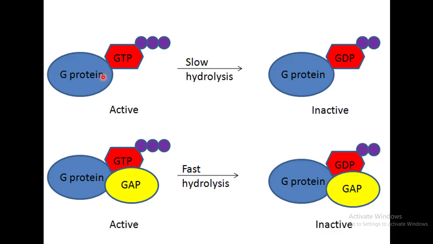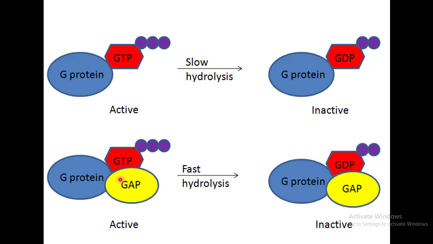So what you see over here is that when a GTP is attached to these GTPases, this G protein can go for slow hydrolysis to hydrolyze the GTP into GDP, but this hydrolysis is not enough to move them from their active into the inactive form. We need the activity of the G protein, so we activate it, and when we don't need its activity, we are going to move it into its inactive form.